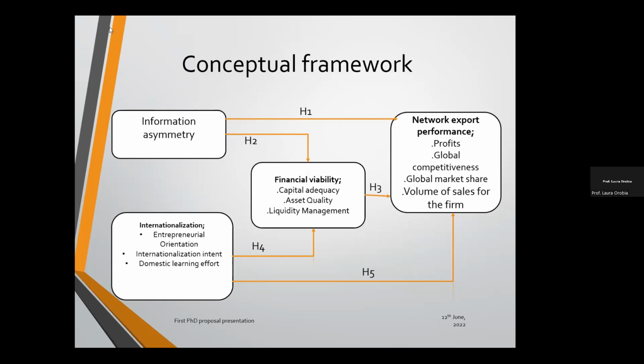As you're at it, also get questionnaire items. And remember, like I always say, you have the parents there. Network export is the parent. What you have below that are the children. Financial viability is the parent. What you have below are the children.